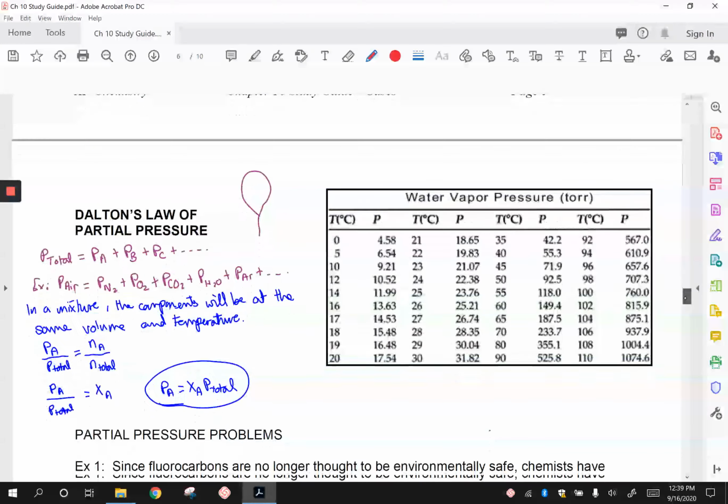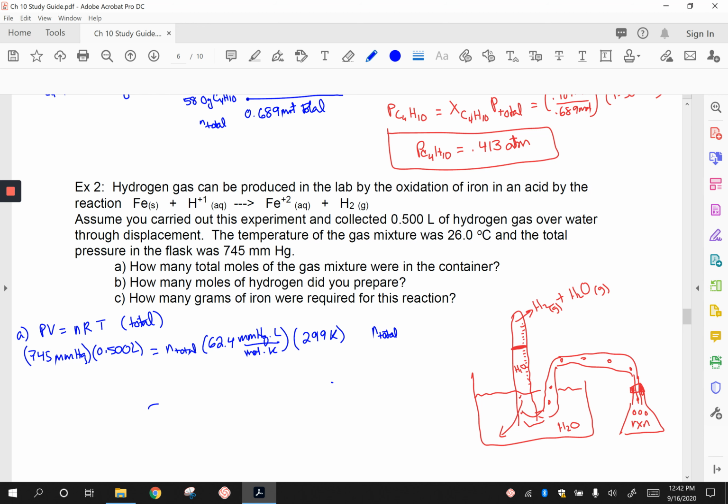Since we're using millimeters of mercury, I want to use 62.4 millimeters of mercury times liters per mole Kelvin. My temperature is 26 Celsius, which is 299 Kelvin. You always want to use kelvins when you're doing gas calculations. So you solve for n, and n total ends up being 0.200 moles. And that's total. All right, we got A.